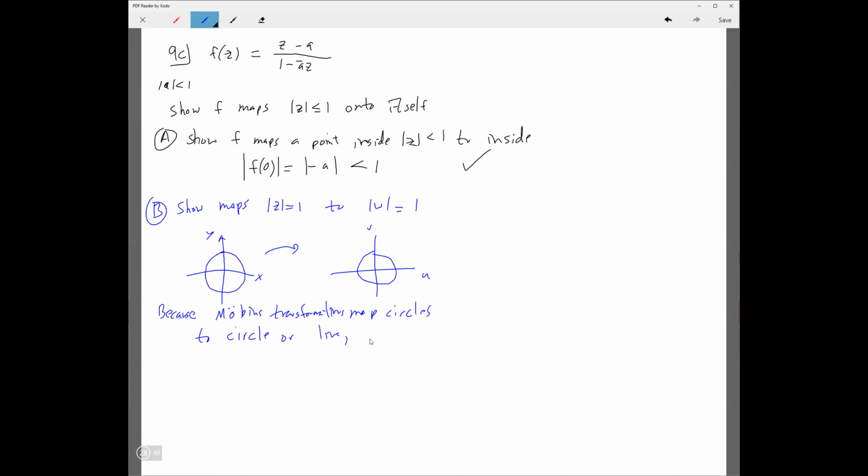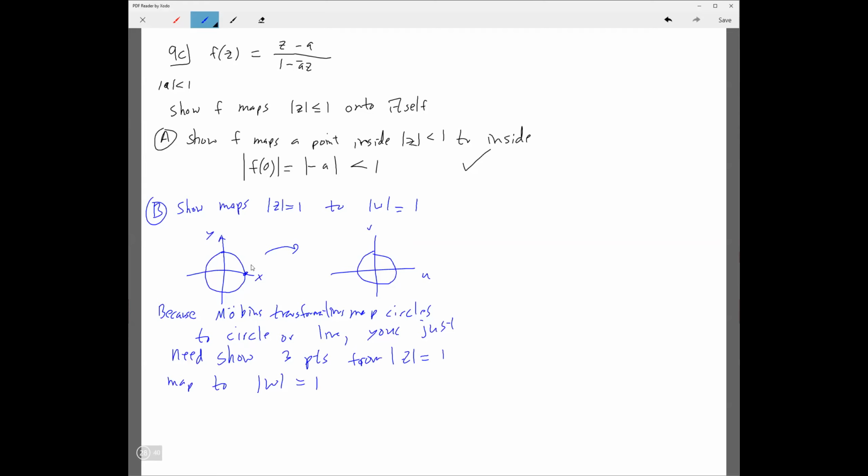You just need to show that 3 points from this one map to modulus of W equals 1.